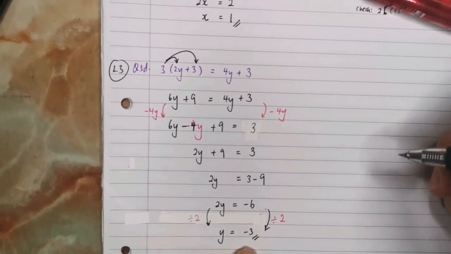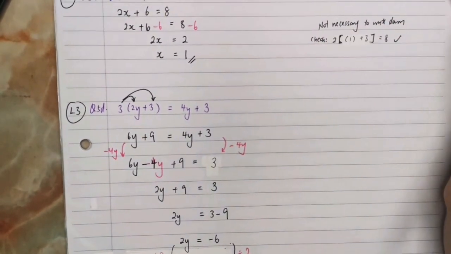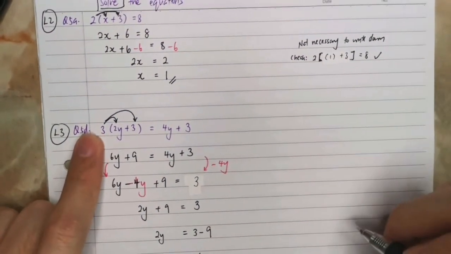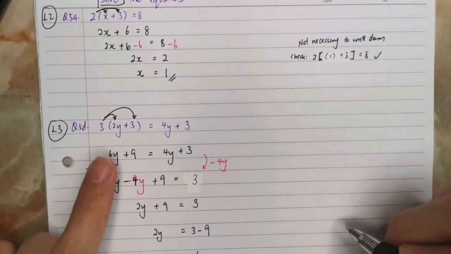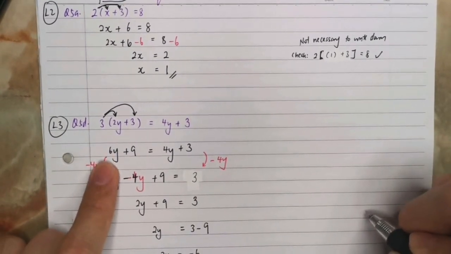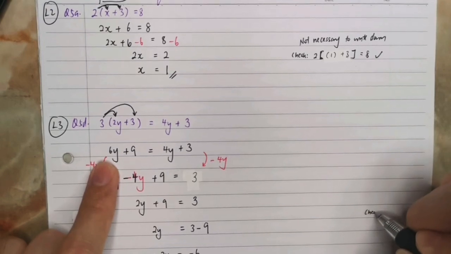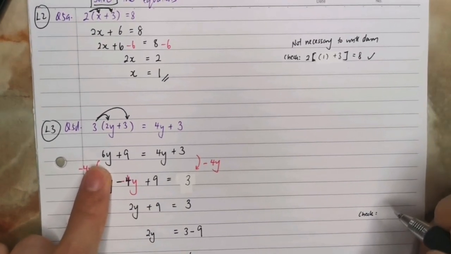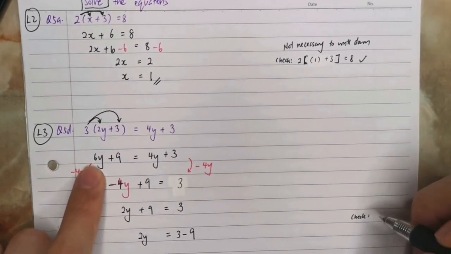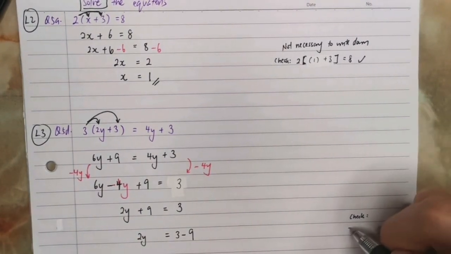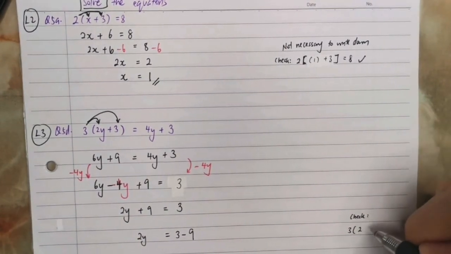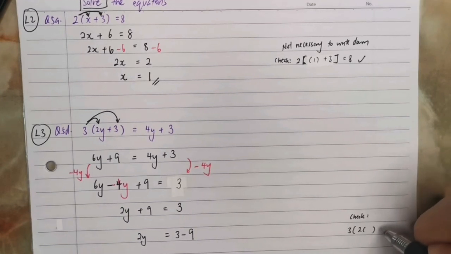So how to check? You substitute it back into the equation. Your check is just side working for you to check your answer. So just write it at the side in pencil, because they are not the proper working. Place it in brackets.